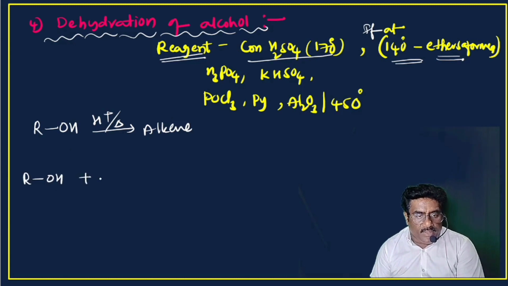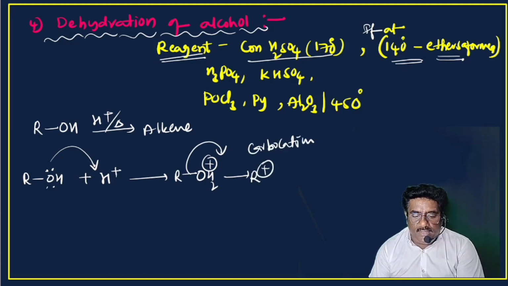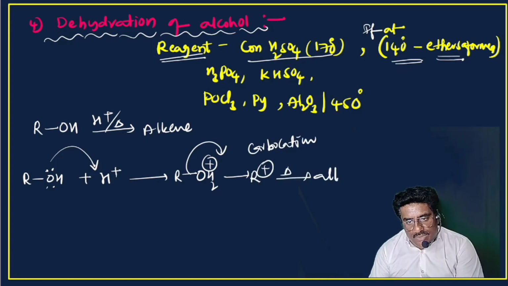ROH in presence of H plus: the oxygen lone pair is protonated, forming ROH2 plus. Removal of water, minus H2O, gives R plus. A carbocation is formed. When the carbocation is heated, it gives alkene.